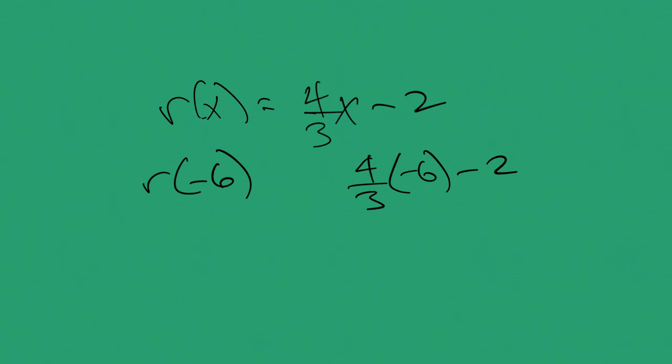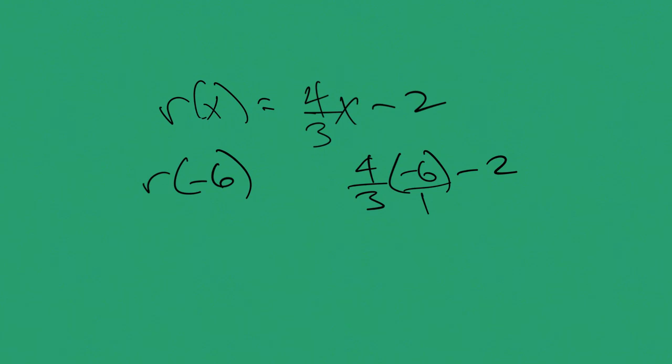Okay? Now, we have a fraction being multiplied to a non-fraction. Here's what I would recommend. Really, at any time, if you're ever multiplying a fraction to a non-fraction, I would make the non-fraction a fraction by placing it over 1.